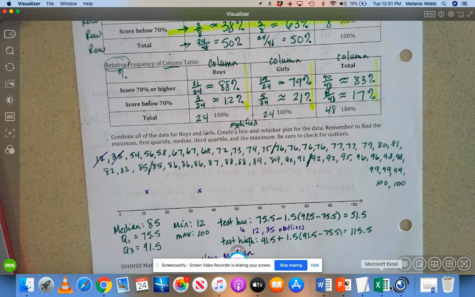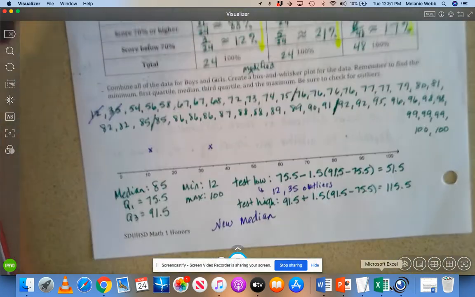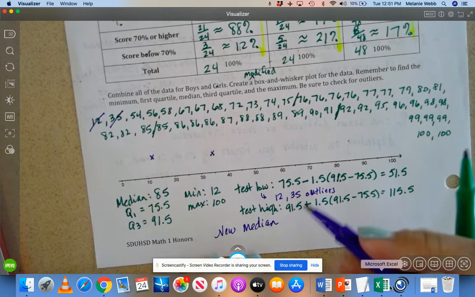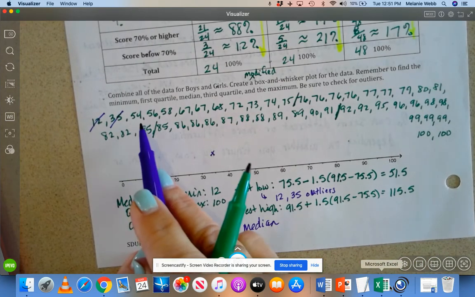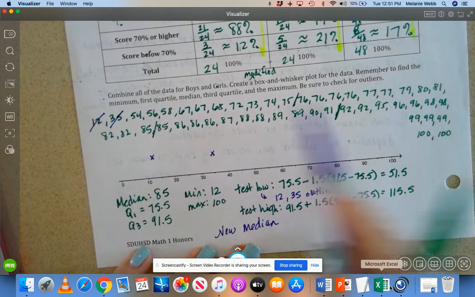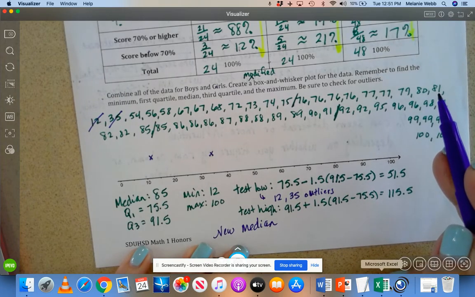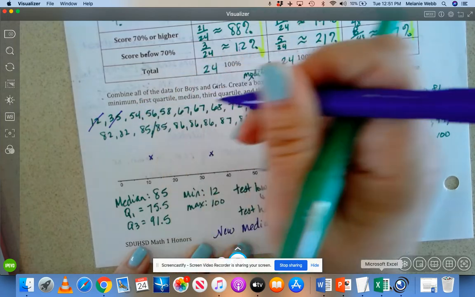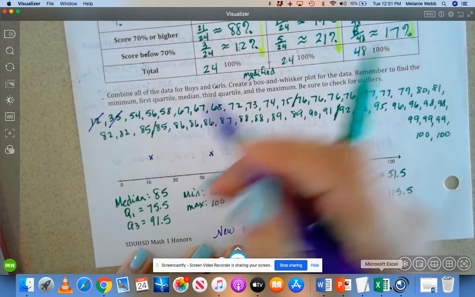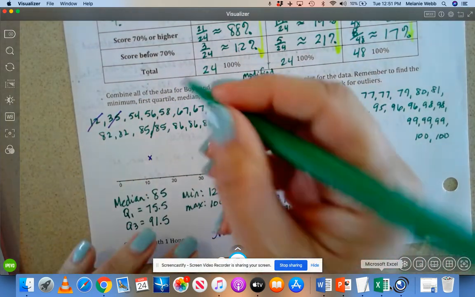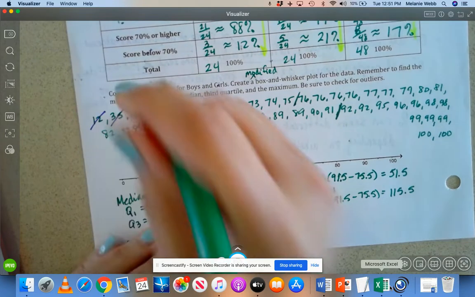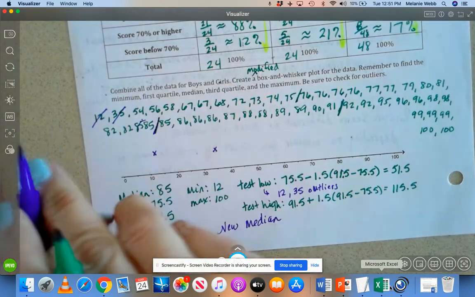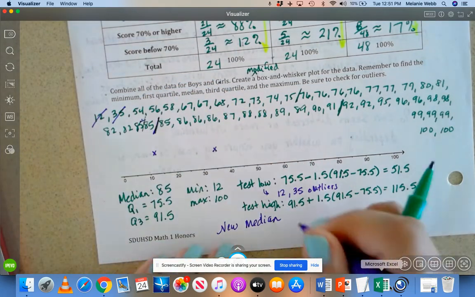So my new median is between the bottom 23 pieces of information and the top 23. Oh, maybe I missed an 85 in here. My first one was here, but my second one is actually here. Okay, so it's still 85.